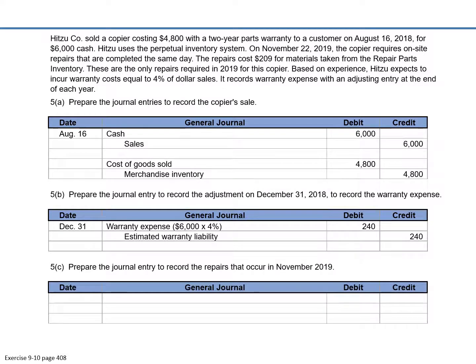Then prepare the journal entry to record the repairs that occurred on the 19th. So the repairs are going to reduce our inventory and they're going to reduce our warranty liability, right? So we debit our warranty liability for the 209, which is the cost of the repairs, and we're going to reduce our repair parts inventory for 209. Okay?